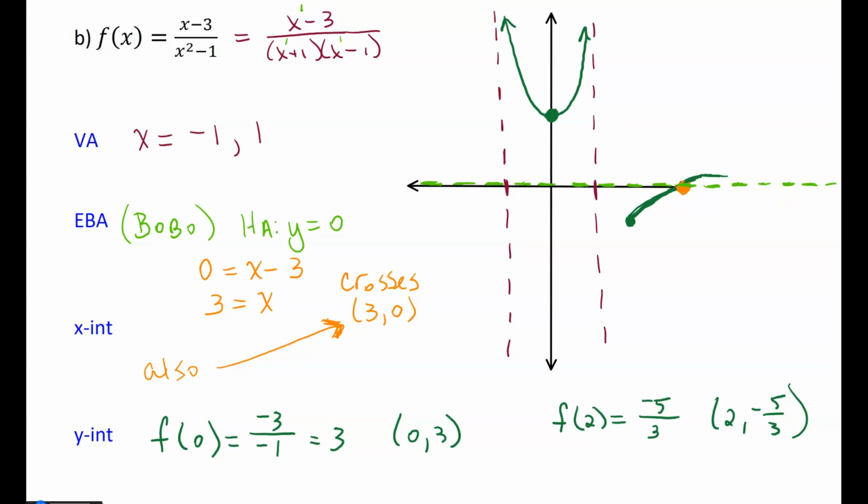So this graph goes through, usually bumps up, and then comes right back down, and then follows the horizontal asymptote. And this side just continues down, following the vertical asymptote.